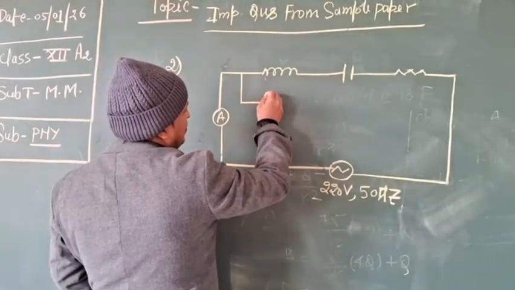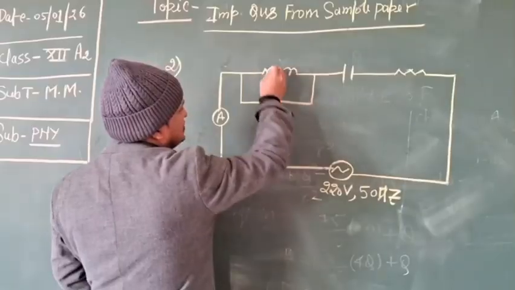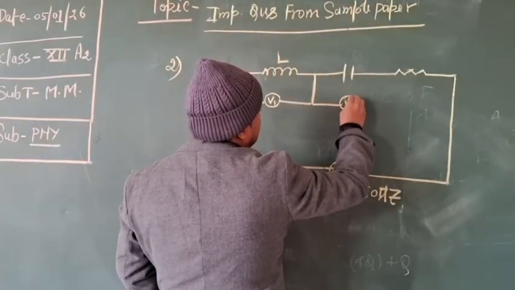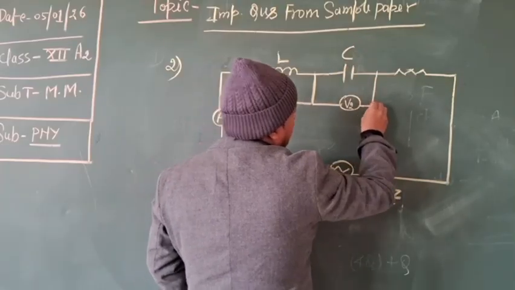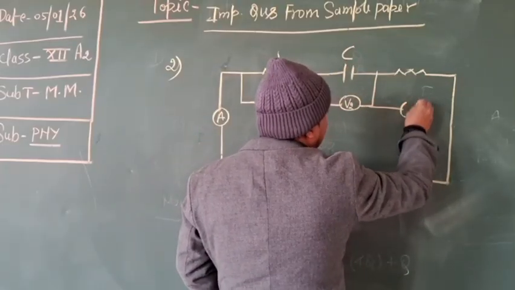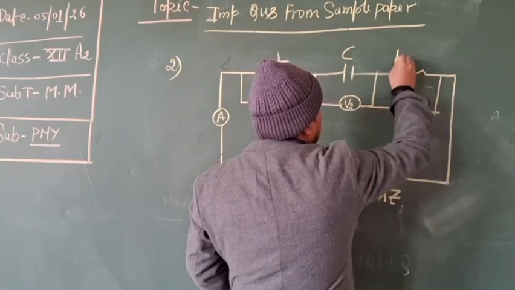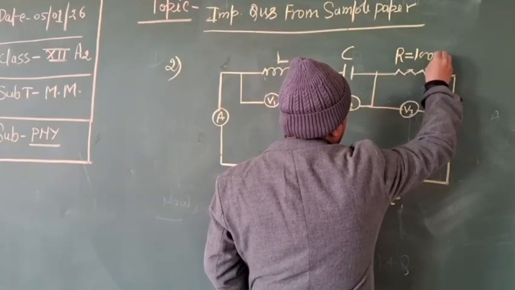A voltmeter V1 is connected across L, another voltmeter V2 is connected across C, and a third voltmeter V3 is connected across R, which has resistance 100 ohm.